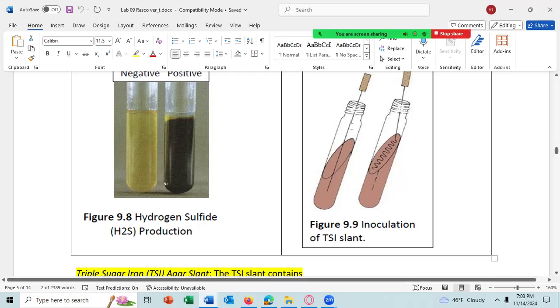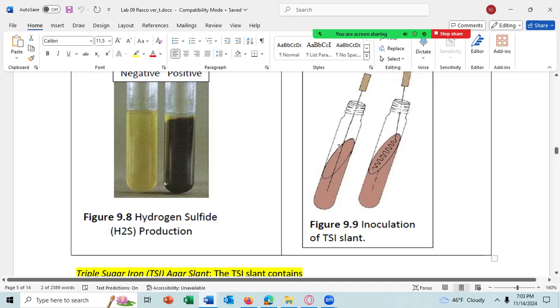And you want to stab inoculate the bottom of the tube. You actually want to go down 2/3 of the way. This isn't quite shown properly. It should go down 2/3 of the way from here, not halfway. So it should go down to about here. You don't want to go all the way down because you don't want to damage the needle on the bottom of the tube. But you do want to go about 2/3 of the way down.